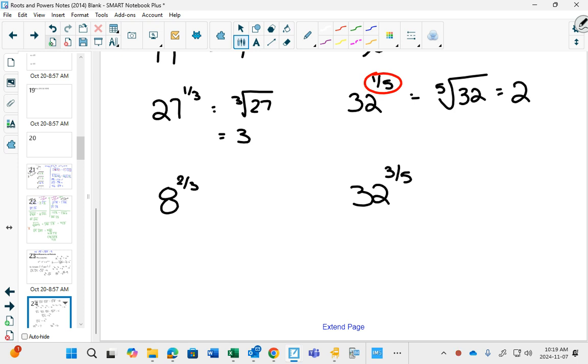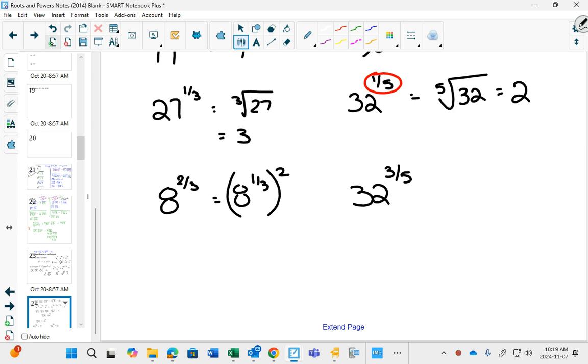And we're going to review a couple of our exponent laws from grade 9. You remember the exponent law that says an exponent to an exponent is multiplied. So 8 to the 2/3 is really 8 to the 1/3 squared.